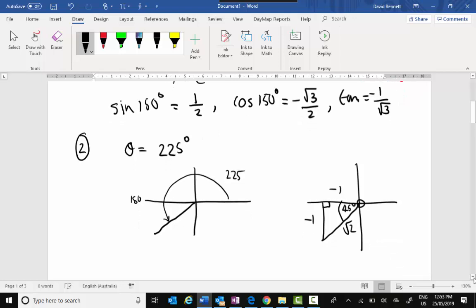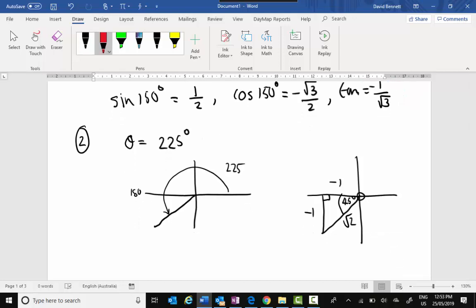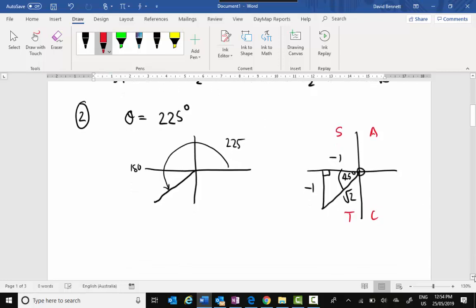Now, remember our South Australian Tennis Club? The only one that's supposed to be positive in that region is tan. So that's what we're expecting here when we do our next bit. So let's do it. Sine of 225 degrees is equal to opposite, which is negative 1, over the hypotenuse root 2.